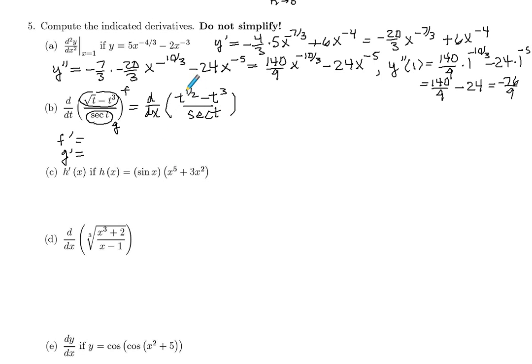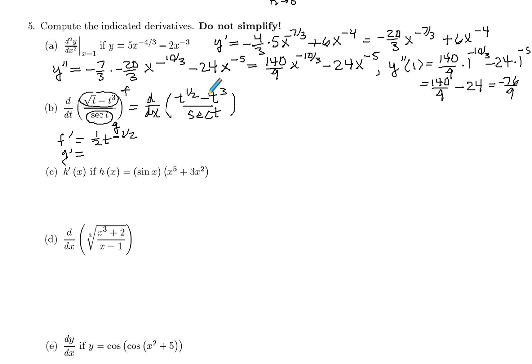So now to do our f prime, 1/2 comes down in front, times t, t is our variable here, and then subtract 1 from our exponent, so negative 1/2 power.